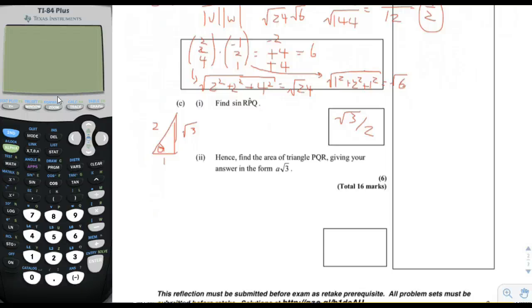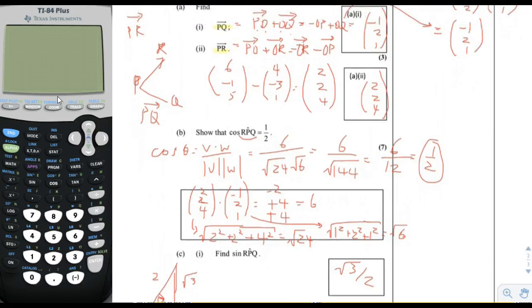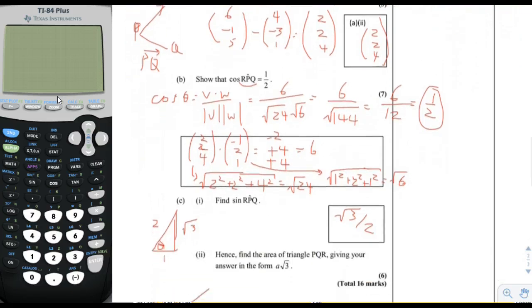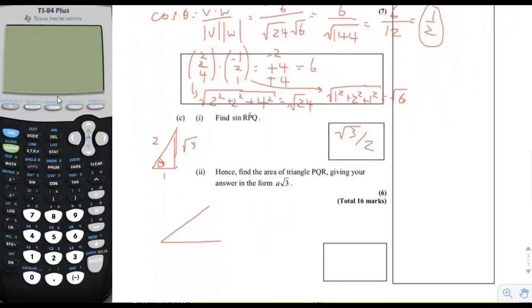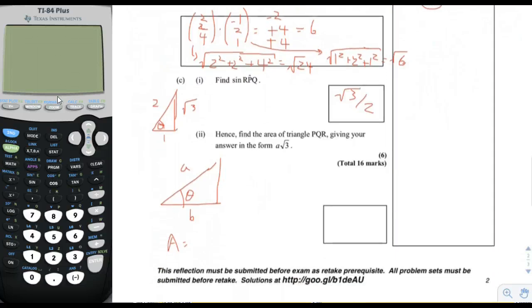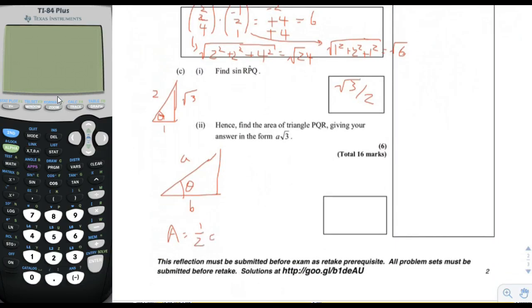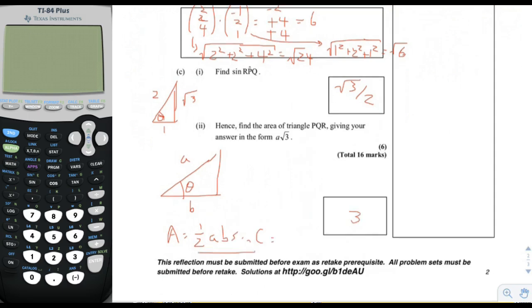If you look on your formula sheet, remember that if you have a triangle like the one we drew here, PQR or RPQ, and you know the angle and you know 2 of the sides, then you can find the area of that triangle. There'll be a formula there that looks something like this.